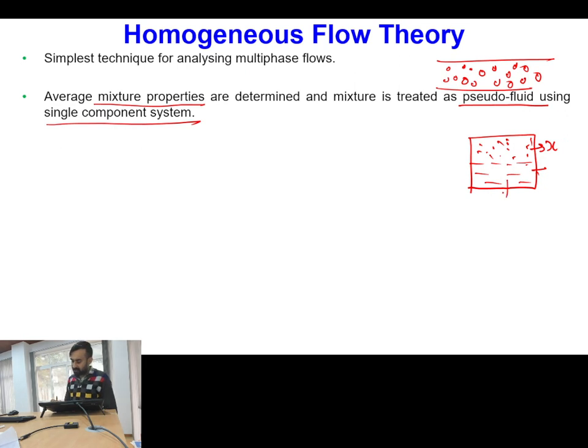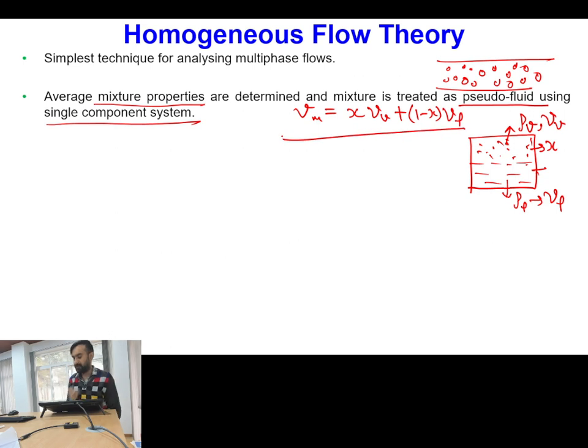I have a certain density of liquid as rho L and a certain density of vapor as rho V. When I calculate the average property of the mixture, say my specific volume of the vapor is Vv and specific volume of the liquid is Vl. So the average specific volume of the mixture will be nothing but x times the specific volume of the vapor plus 1 minus x times the specific volume of the liquid.